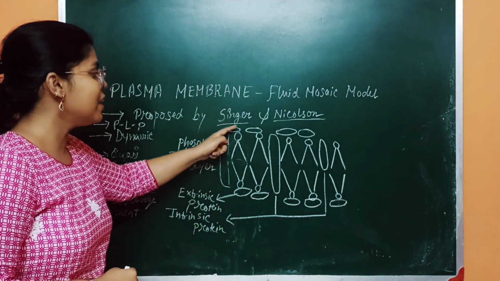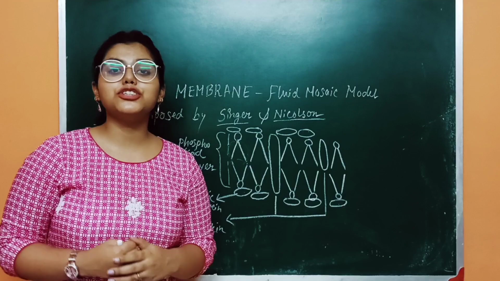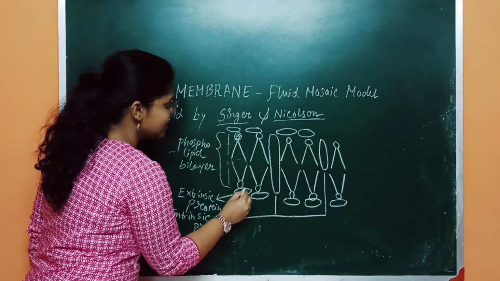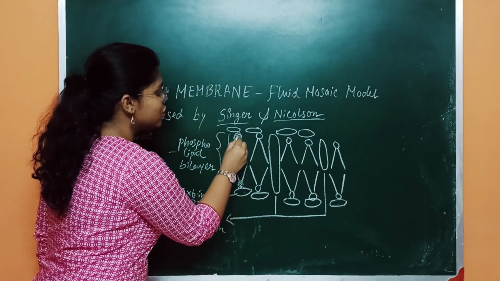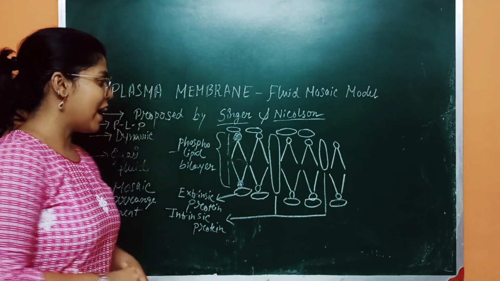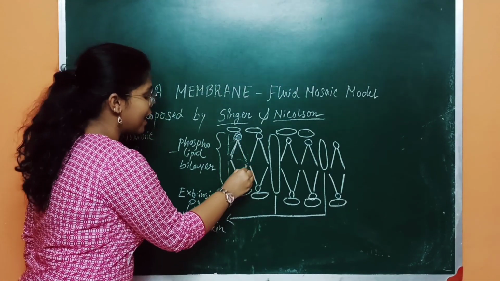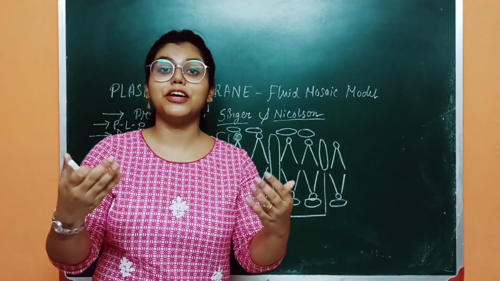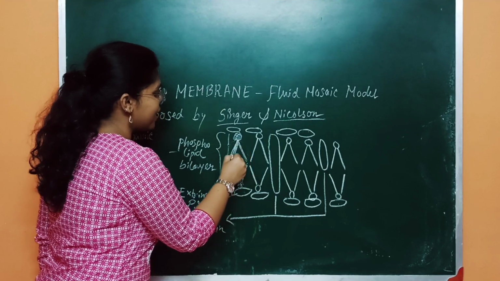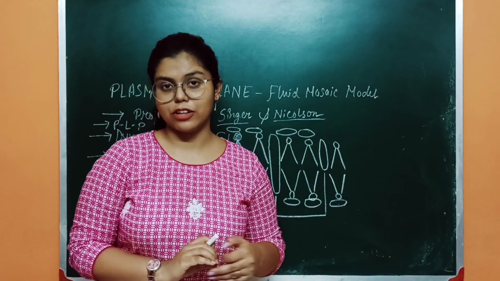So the human head, or the head-like structure, is basically hydrophilic in nature. So this structure and this structure are the hydrophilic regions of the plasma membrane. And the tail-like structure, or the hand-like structure if you imagine the human, is the fatty acyl chain, and it is hydrophobic in nature.